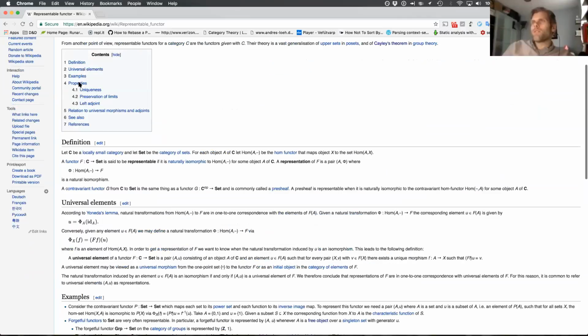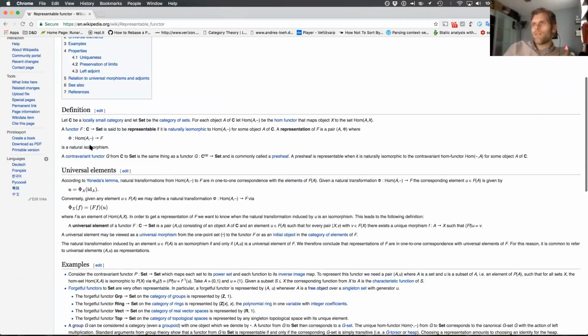There's a reference to Yoneda's lemma. It says that natural transformations from this hom set functor to F are in one-to-one correspondence with the elements of F of A. So that's in play here. And we'll work up to that and eventually get to Yoneda's lemma at some later time.